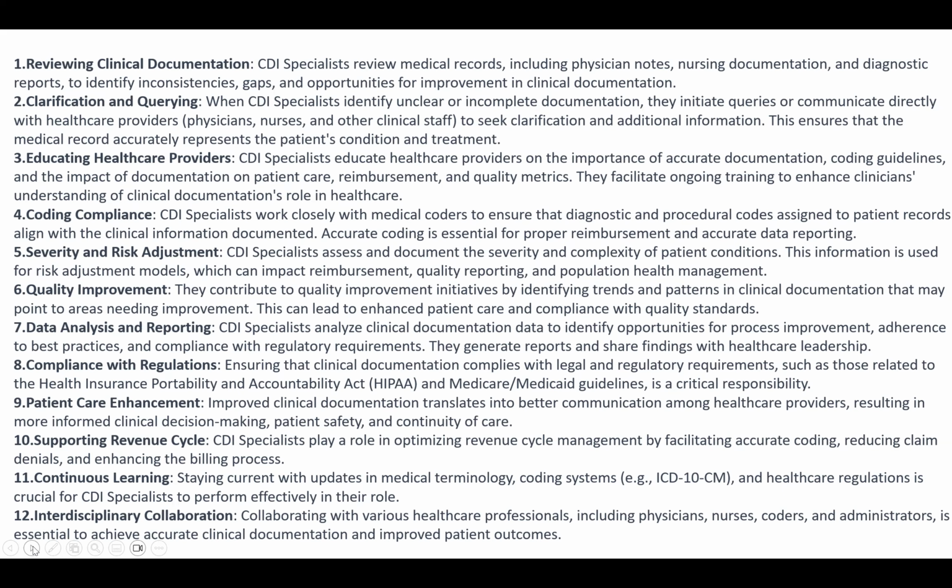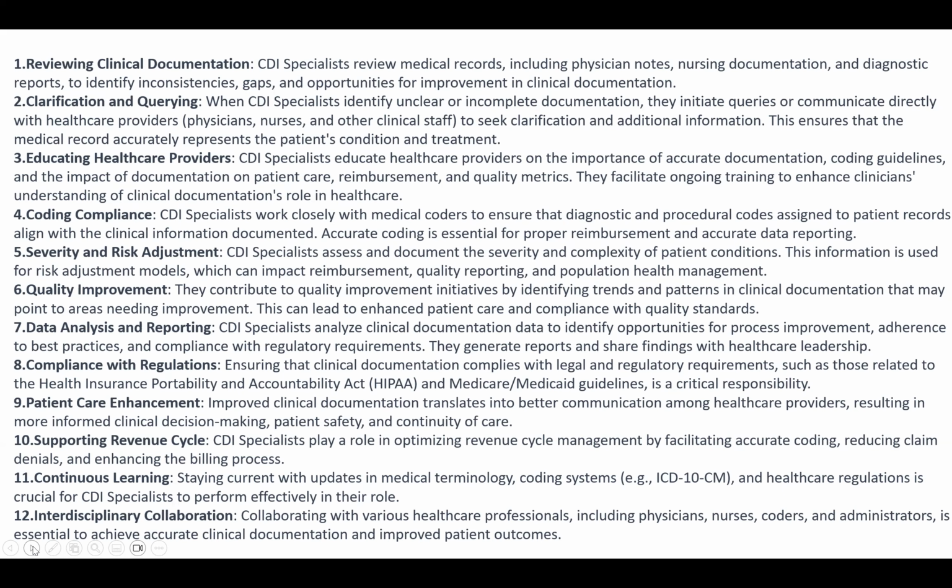There are regulatory changes, industry standards that they would certainly focus on first before administrative. So again, CDI specialists can be the shepherd of the clinical flock there.